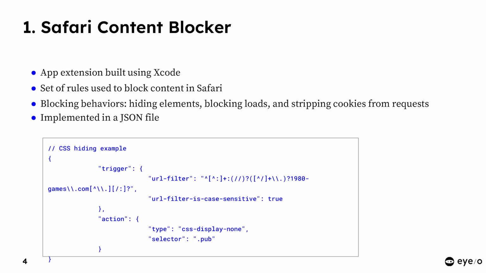The blocking behaviors that the Safari content blocker offers is hiding elements, blocking loads, stripping cookies from requests. And this is an example of a bit of a JSON file. At the end, a content blocker, it's a big JSON file with many of those rules.